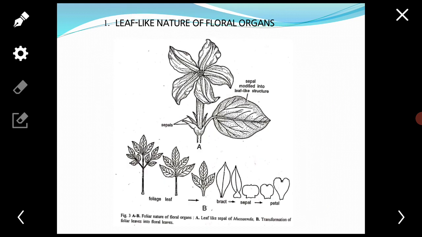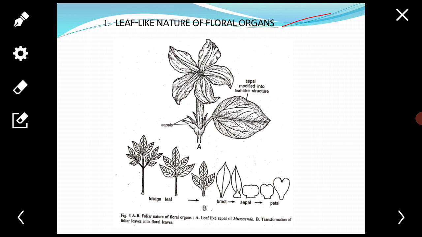Third, that is the leaf-like nature of floral organs. Some examples indicate that the floral leaves or floral appendages like sepals, petals, stamens, and carpels are homologous to foliage leaves. First, that is the phyllotaxy.